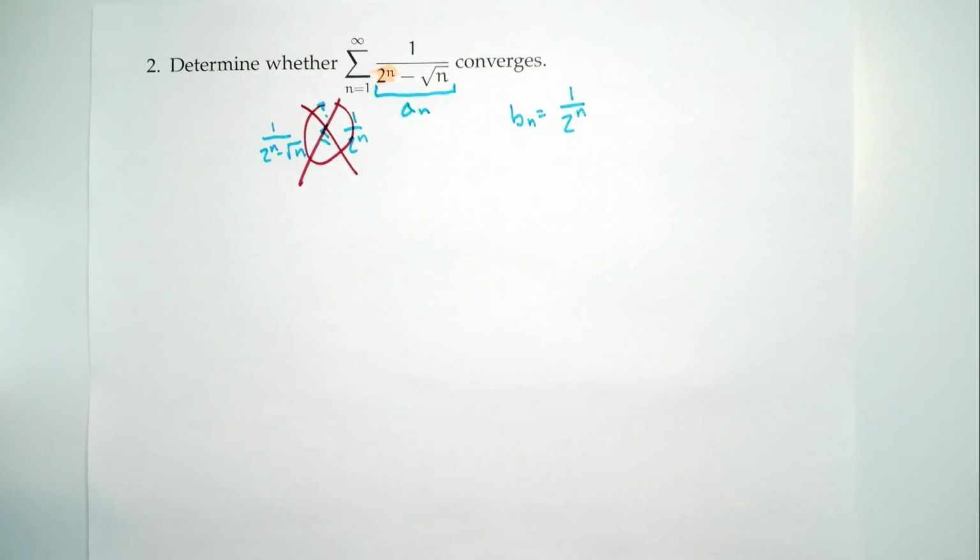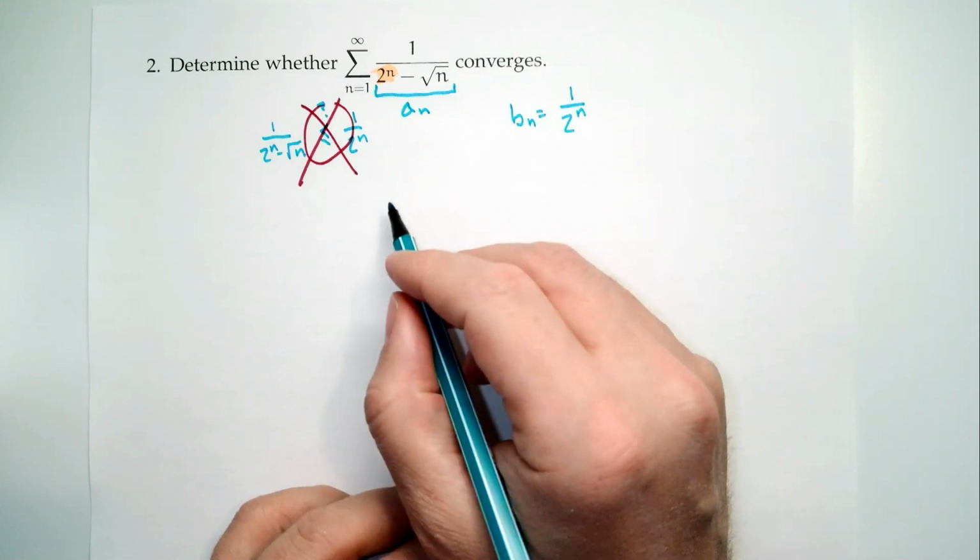So 1 over 2 to the n. In essence, we're throwing out the small stuff. And I think there was a book, right? Don't worry about the small stuff. And then the subtitle was, and it's all small stuff. All right, good.